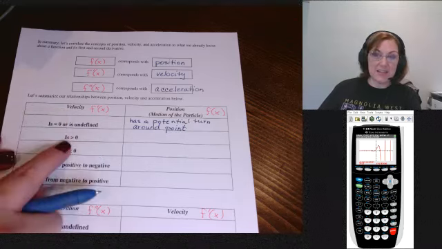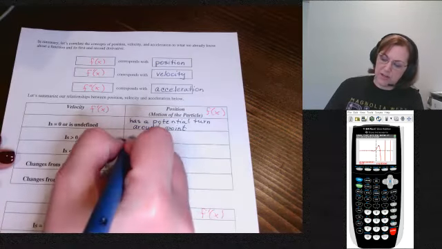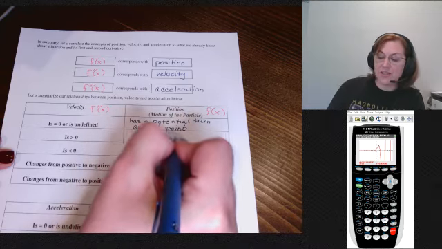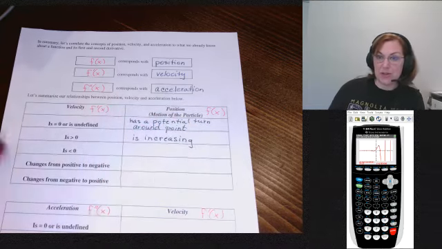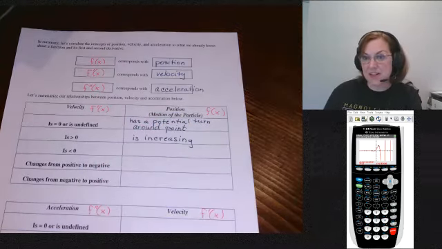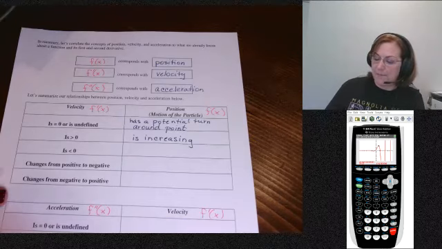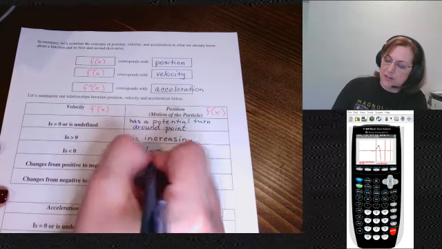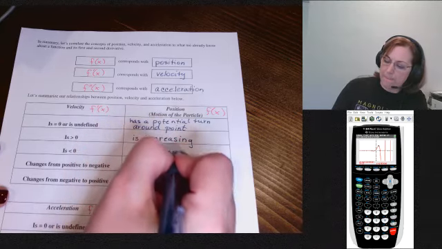So if the velocity is positive, the position is increasing. Friends, this should sound very familiar to you because we've talked about curve sketching again and again and again. If the derivative is negative, then the position is decreasing.